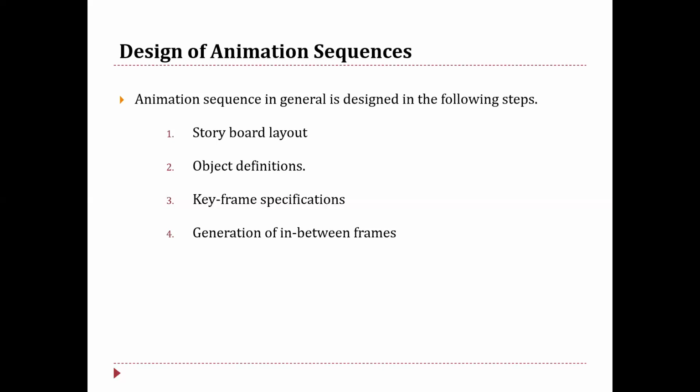Some keyframes are selected at extreme positions and the others are placed so that the time interval between two consecutive keyframes is not large. Greater number of keyframes are specified for smooth motions than for slow and varying motions.